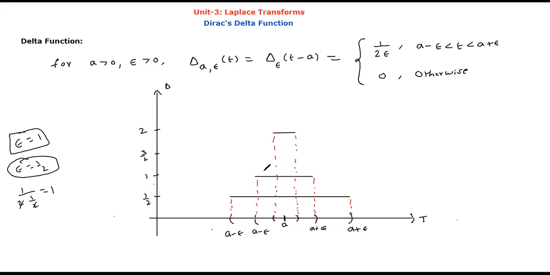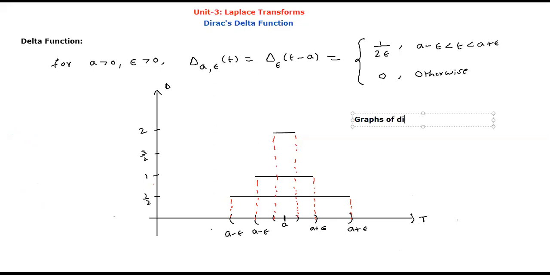This is one delta function, this is another delta function, this is another, and so on. As you decrease the interval length, the height varies. Now we are going to see the transform of this delta function. Then we'll define what this Dirac delta function is. So these are the graphs of different delta functions.